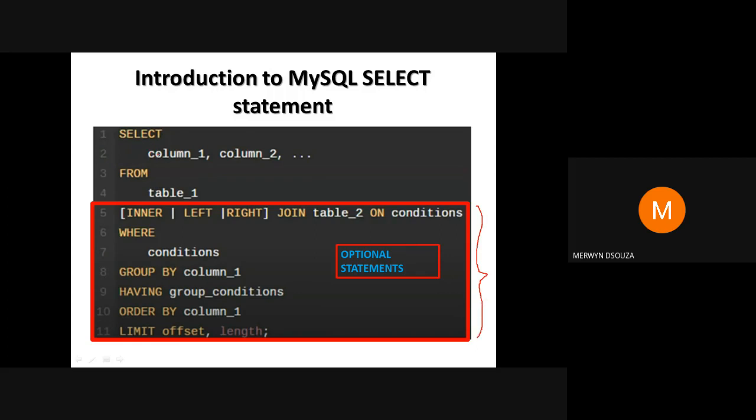So basically, the basic syntax of MySQL select is select followed by a list of column names from the name of the table from which you want the data. You could have additionally had more statements like the join statements based on certain conditions, the where statement, the group by statement, having statement, order by statement, and the limit statement.